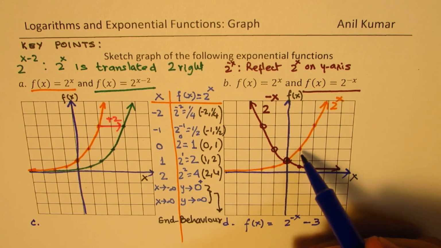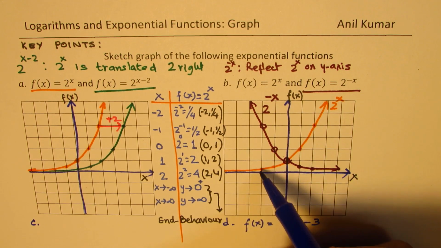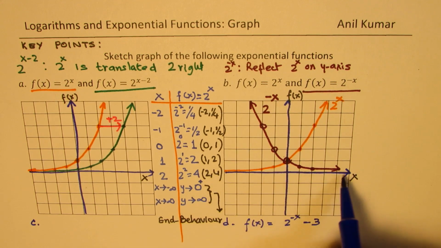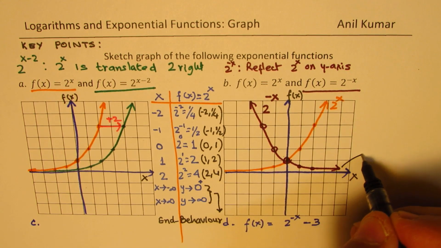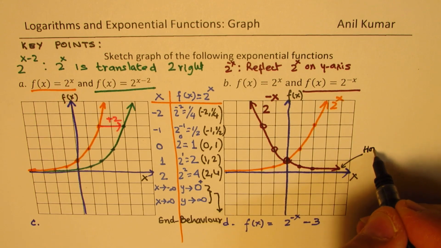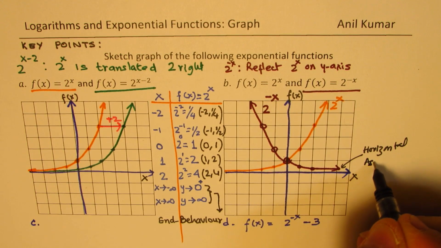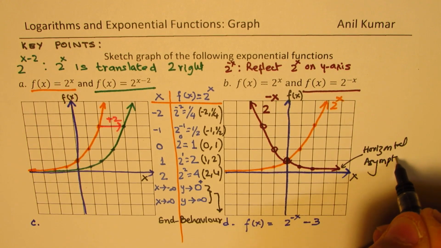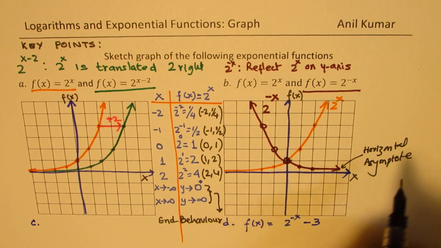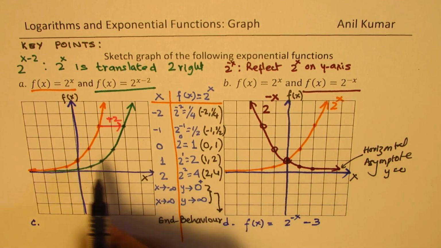So in that case, all these points will come 3 units down, right? The horizontal asymptote, which is y equals 0, this is called the horizontal asymptote. It is y equals 0 in both these graphs.